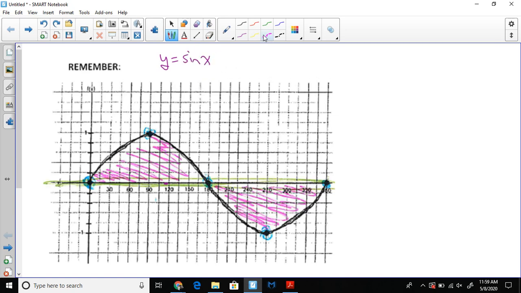Where is the axis of the curve? The axis of the curve is right here, the line y equals 0. Now, if I perform transformations on this, and say I go plus 2, then what happens to this line? This line goes up 2, so that would be all the way up here.